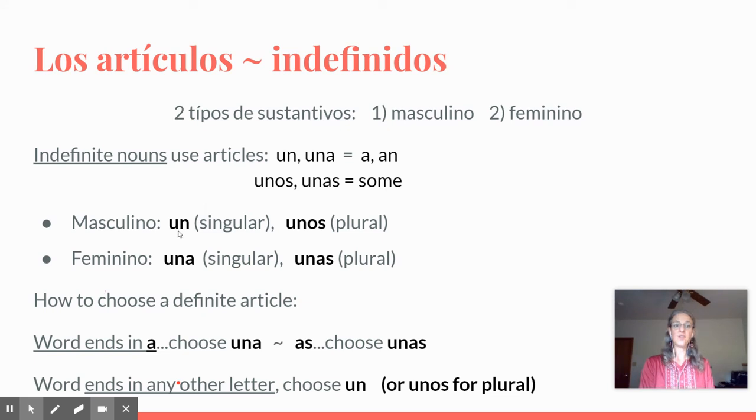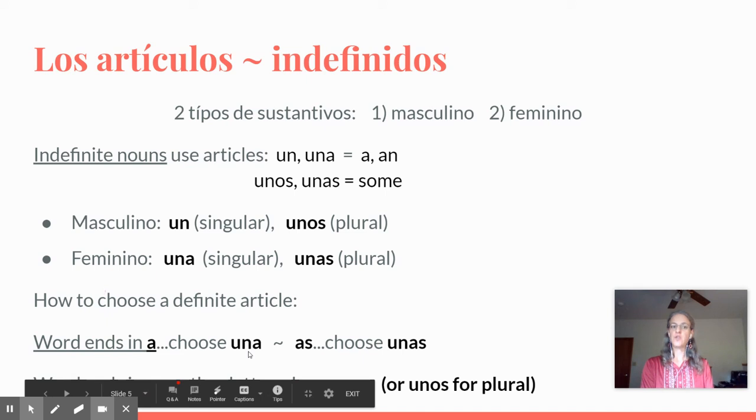Okay, so again, we have masculino, femenino to match our noun, singular or plural. So we're going to match them up. If a word ends in a and I want an indefinite article, choose una. Same thing happening, our a's match. If it ends in as, choose unas.